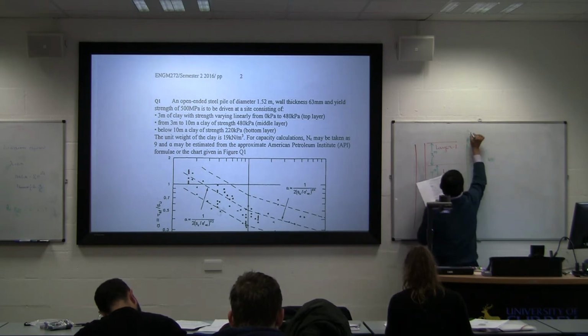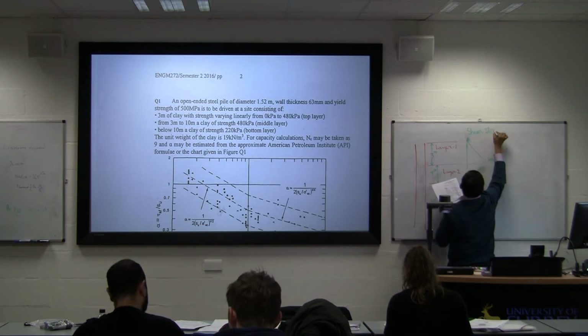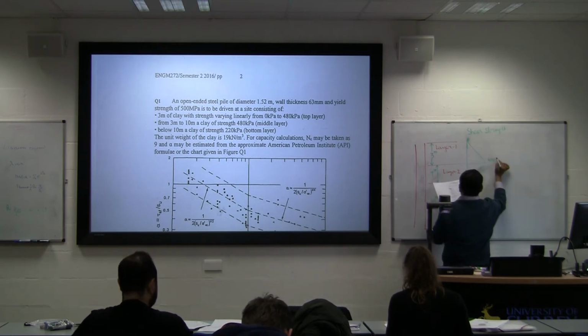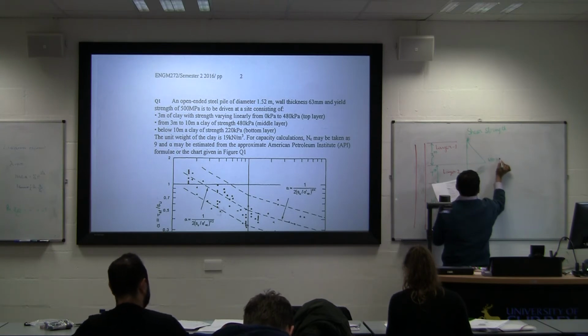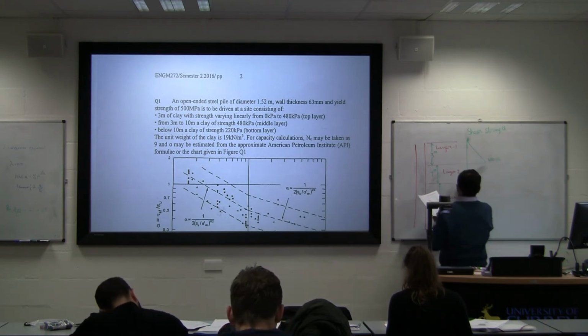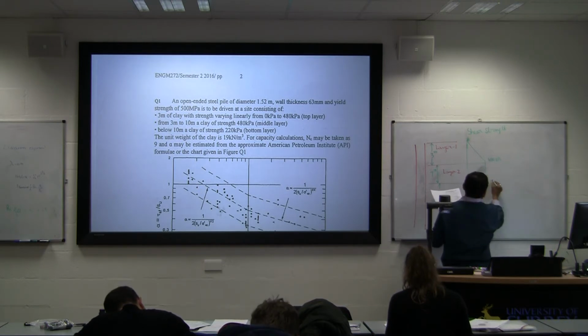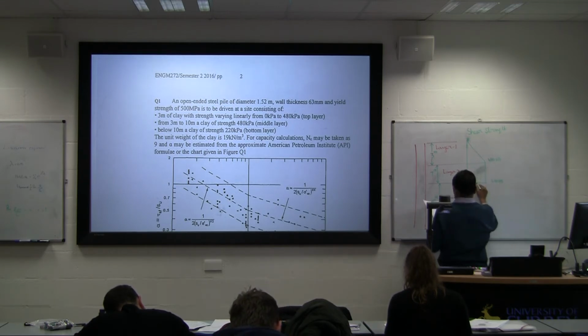This is the shear strength profile. Then layer 2 is a uniform 480 kPa. Then you have layer 3 at 220 kPa.